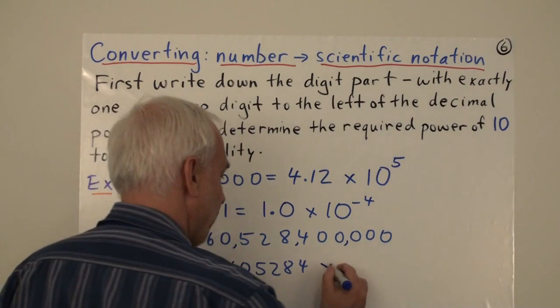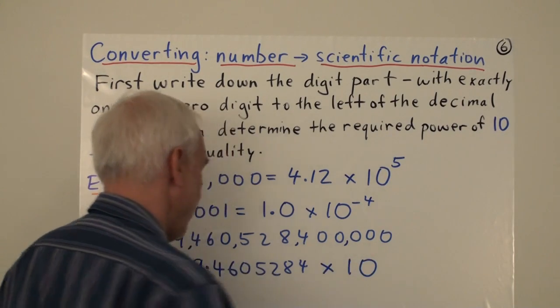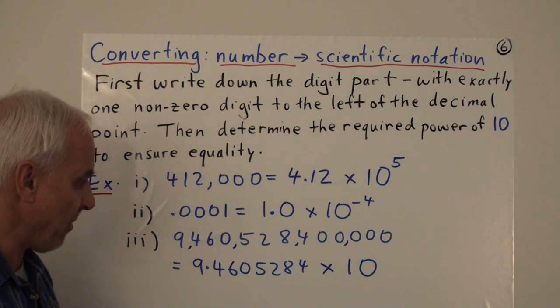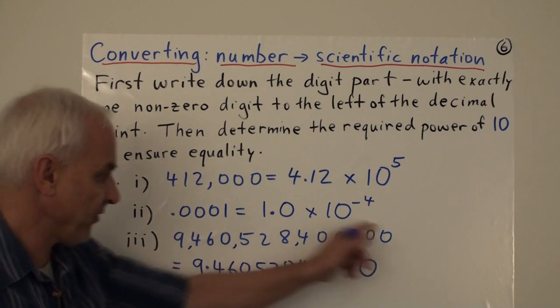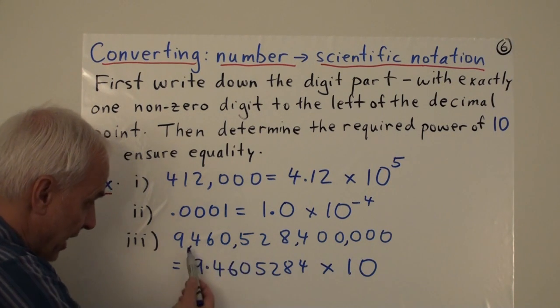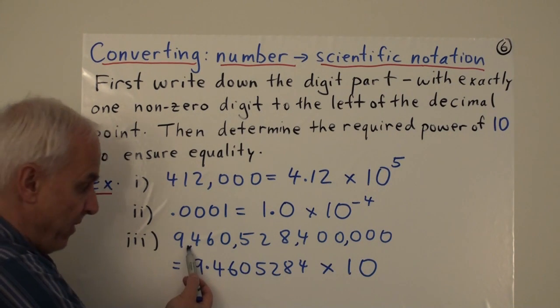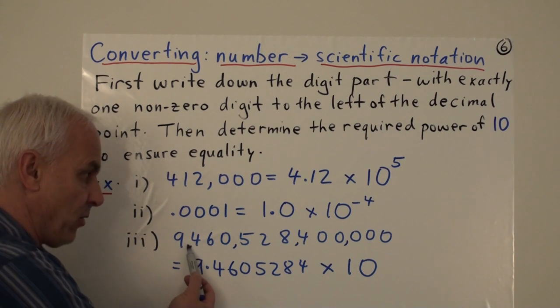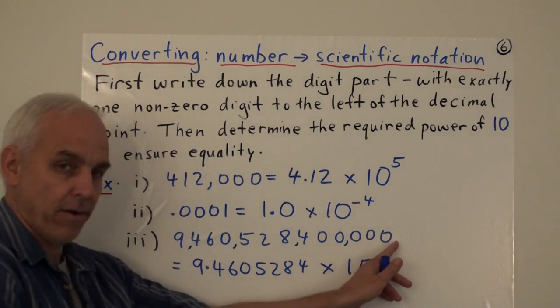And now I have to multiply by a certain power of 10. And I have to ask, what do I have to multiply this number by in order to get this number? Well, it's probably best to go back up here and say, okay, suppose I start with the decimal point there, which is the one I've got here. What do I have to multiply this by in order to get the decimal point over here?